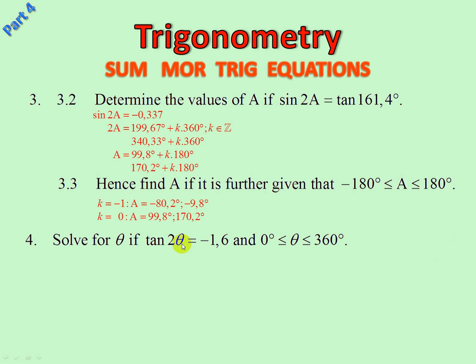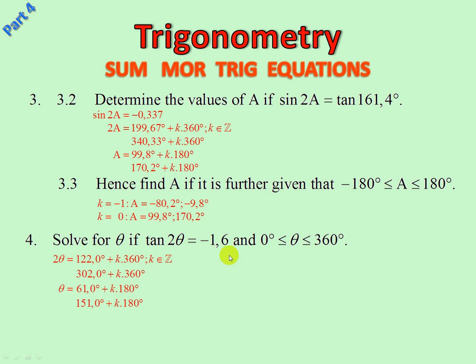Now here's tan 2A, and we have the domain. Tan negative, quadrants 2 and 4. Don't enter the negative when finding the key angle, because the negative told us the quadrants. Divide by 2, there we are, K180, K180.